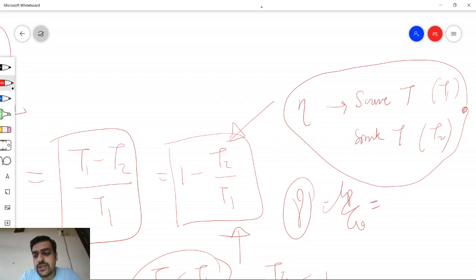So no matter what is the working substance, the efficiency is the same as long as the source temperatures and sink temperatures are the same. So this is how we have derived an expression for efficiency eta of a Carnot engine.